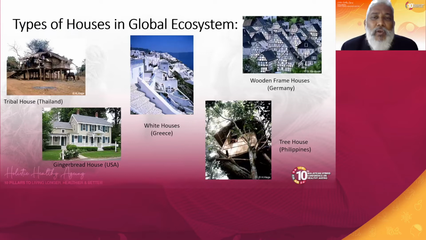So when we talk about the ecosystem itself, there are various types of house designs all around the world. Yeah, it depends on their surface, their type of country. Yeah, and also culture. Yeah, you can see all types of houses, tree house to tribal house, to the White House, gingerbread house, or the wooden houses.